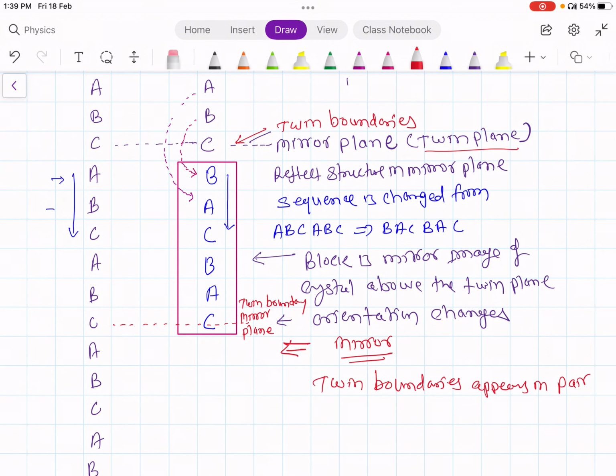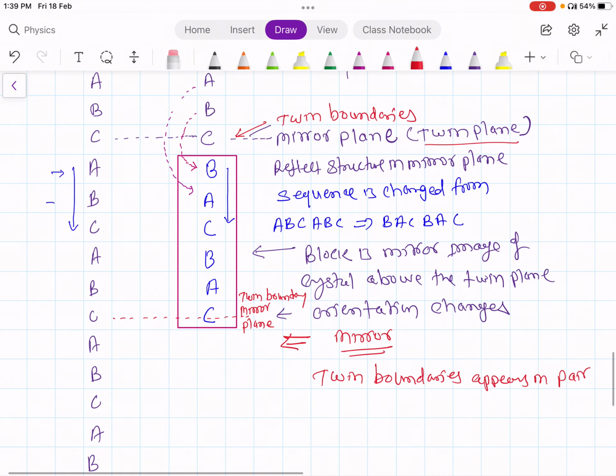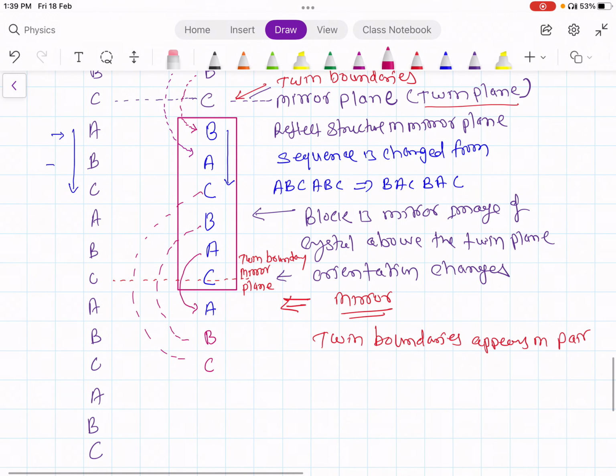Then we will get reflection. Let us reflect this structure again. So here I will get A. I am getting that A because C is the mirror plane and the structure is reflected in the mirror, so I am getting this as A. Similarly, here I will get B, then I will get here C, and again A, B, C. See in this block, what happened?